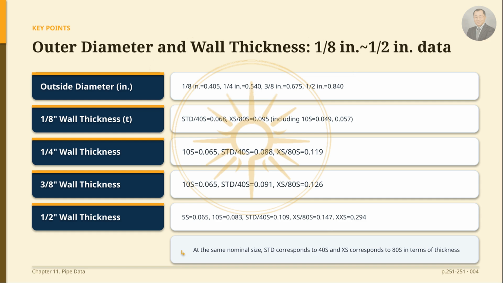In particular, it demonstrates the principle that for the same nominal size, standard corresponds to 40S and extra strong corresponds to 80S in terms of thickness. For example, for 1/4 in, 10S is 0.065 inches, and standard/40S is 0.088 inches. Rather than memorizing all the values, please first verify the nominal size during design and then find and apply the wall thickness T value for the required schedule.